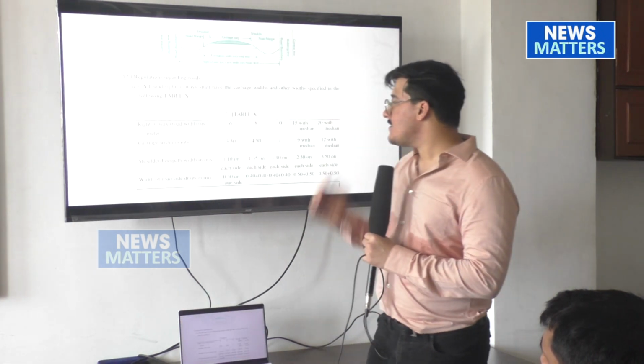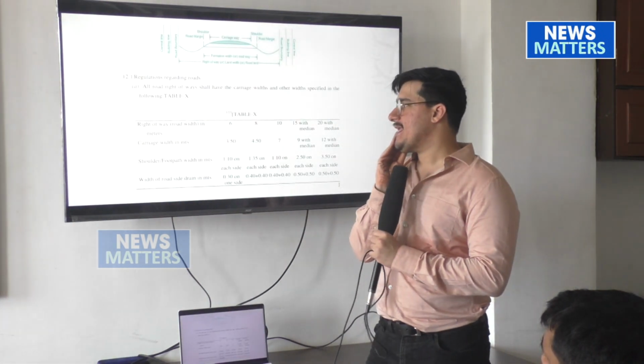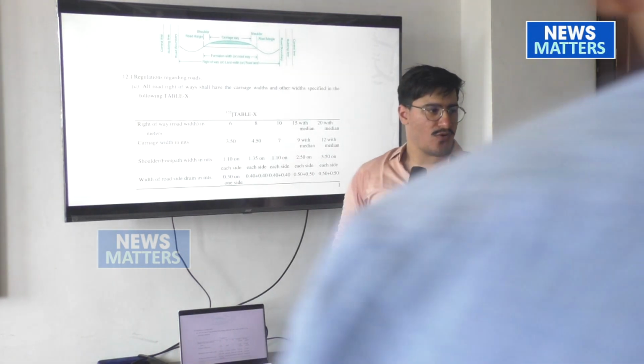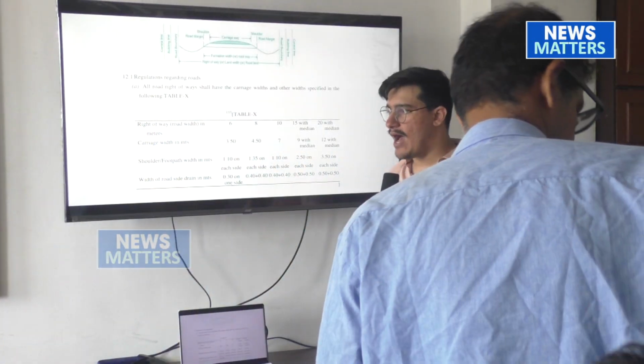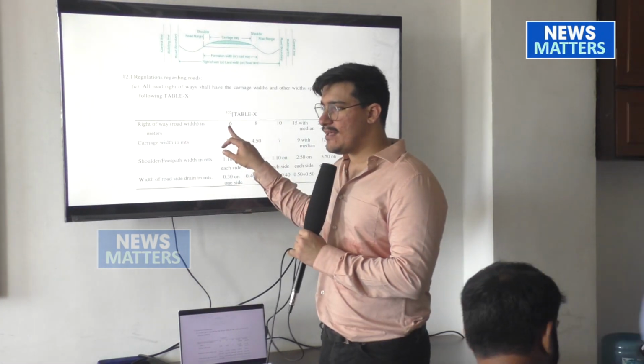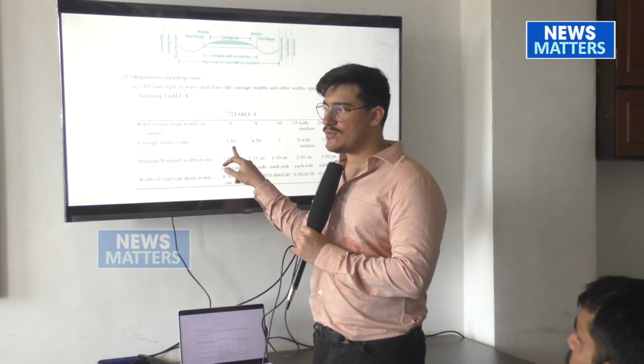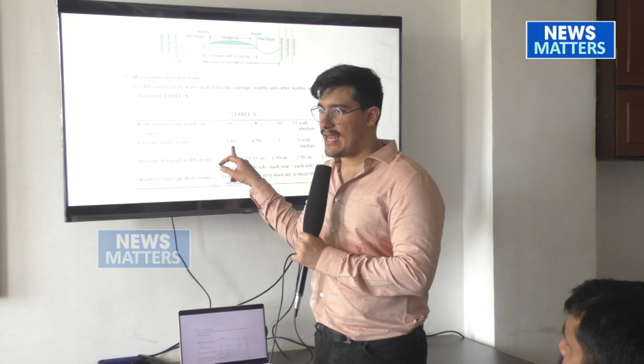So this is the first thing that we have to keep in mind: when the government starts to call a road a 6-meter road in the ODP, in the RP, they mean a 6-meter right of way, which correlates to a 3.5-meter wide carriageway.